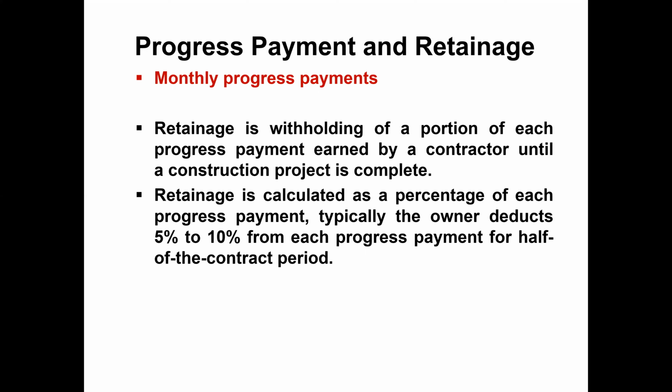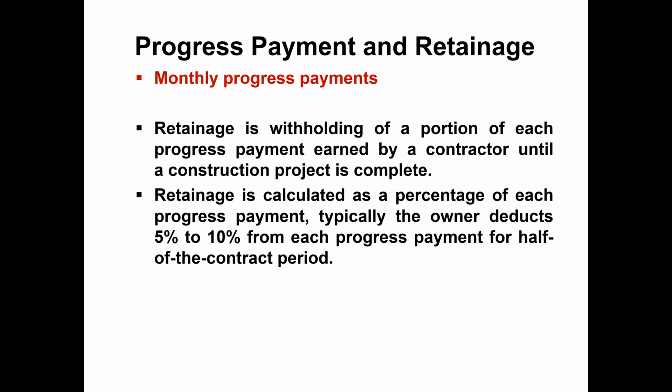If there is some cracking or anything during the construction, the owner wants to make sure that the contractor will deliver the project in good shape and according to the agreed specifications.